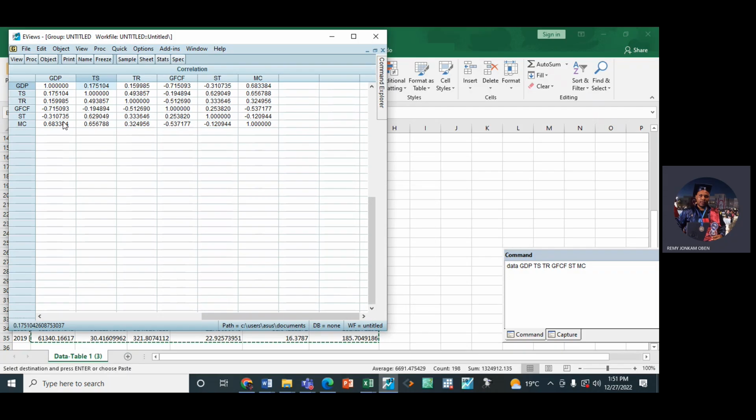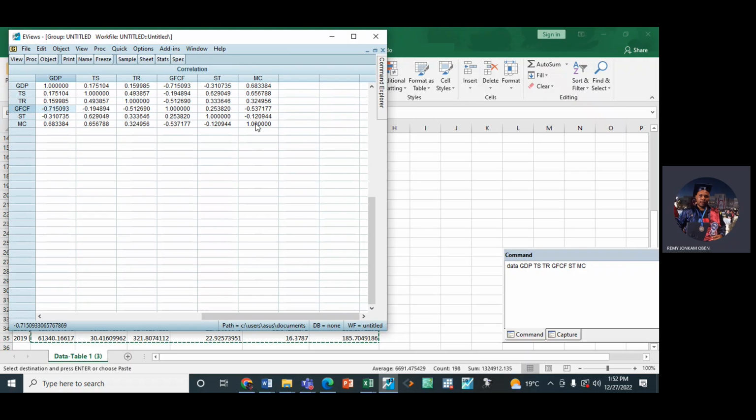Forget about GDP. The dependent variable has nothing to do with multicollinearity. We are interested only in the relationship between the independent variables. So look at all of them. None of them is up to 80, I think. This one is 71, but it includes GDP. It's not our concern. So none of them is up to 80.